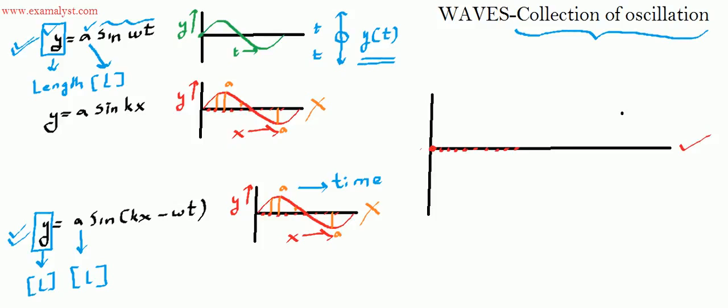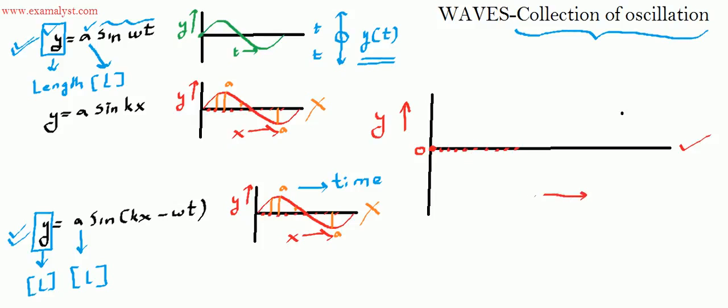Let me write this as O, the particle at O, and look at what happens. When you shake the rope, all the particles, on this side you have the y displacement. Initially all the particles had the position y equals 0. It means all the particles had the y component 0. All the particles were at rest.